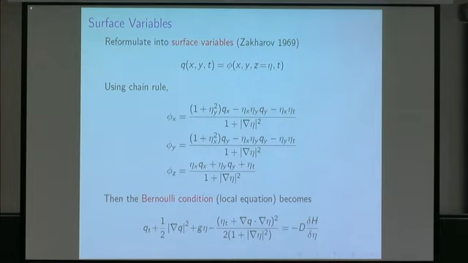I can write down even the velocity potential in terms of the surface variables as well, then use the chain rule, and get the Bernoulli condition in terms of only the surface variables. And once again, I left this right-hand side term, which will represent the flexural part of the model, as something general, so you could put in either the linear model or the nonlinear model for the elastic plate.